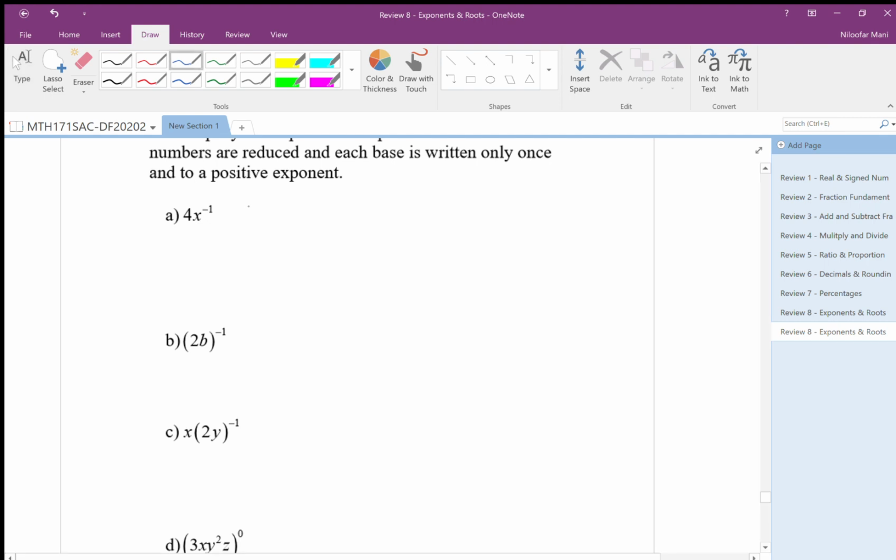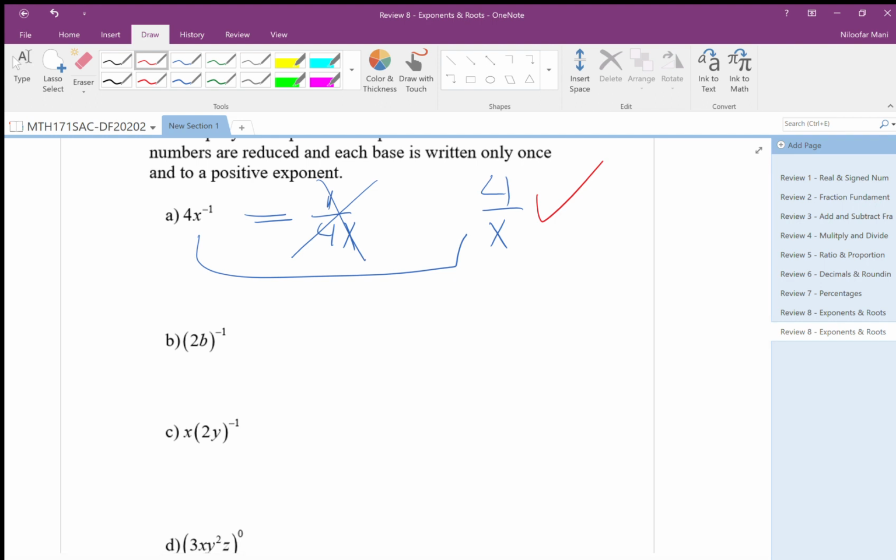For example, here, if I want to show it with positive exponent, do I do 1 over 4x? Or no, that's wrong. I just do 4 over x. Which one is correct? 4 over x. Because x is to power minus 1, not 4. So 4 stays up.